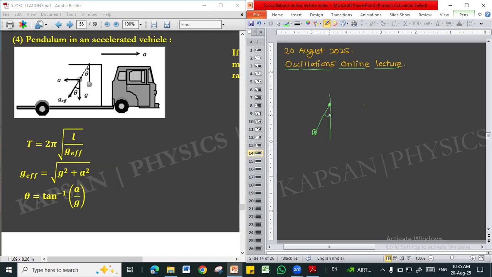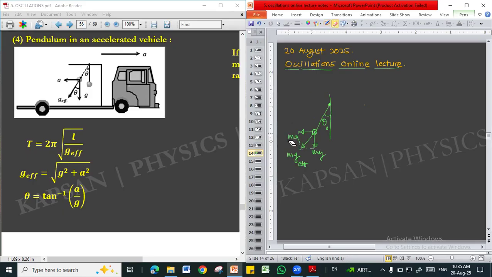Let's say this angle is theta naught. Let's say the vehicle is accelerating right, so the pseudo force on the pendulum will be left, acceleration due to gravity will be down, and this will be your G effective, or effective force m into G effective.